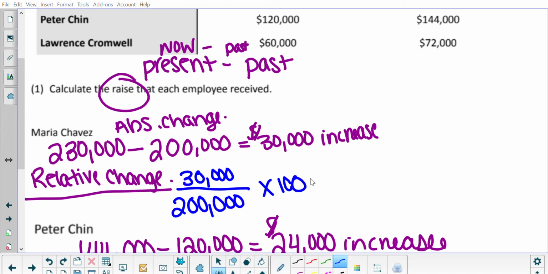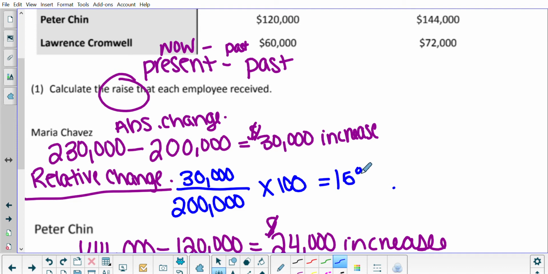So in order to divide and multiply by 100, it's going to be 30,000 divided by 200,000. I get 0.15, and then I'm going to times that by 100, so I get my percent of 15%.